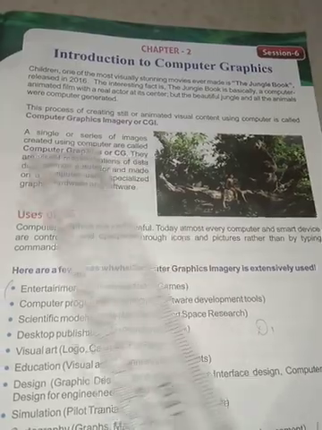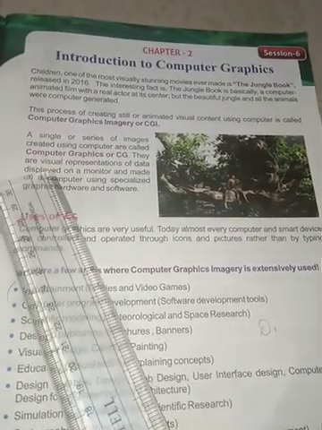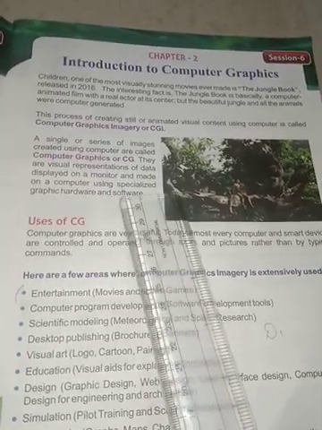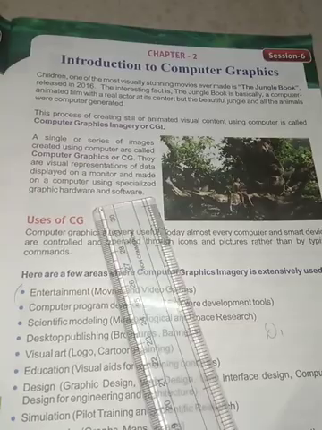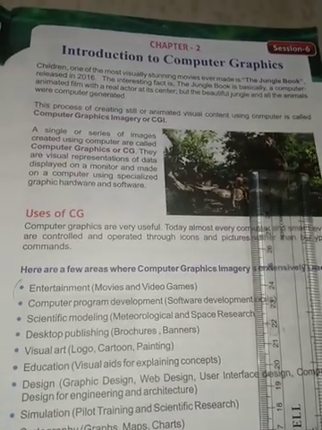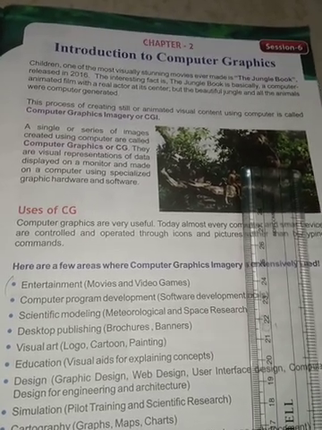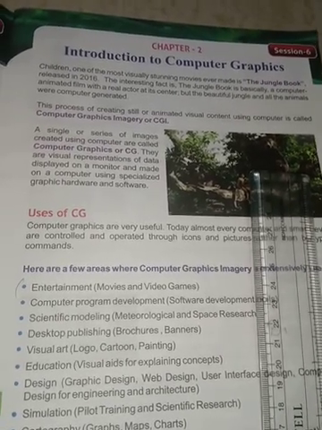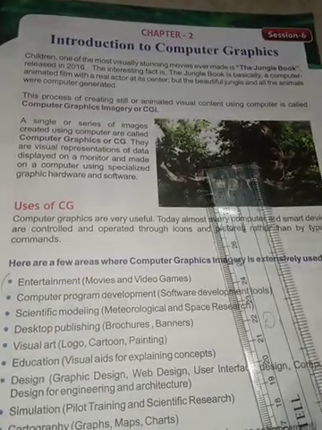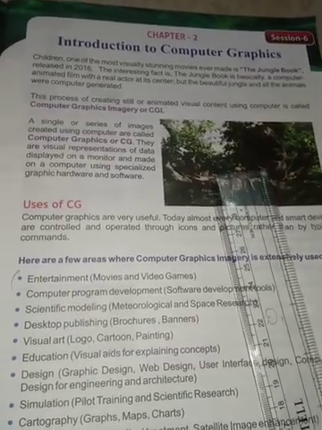They are a visual representation of data displayed on a monitor and made on the computer using specialized graphic hardware and software. So these graphics, which are created using computer and made to display on the monitor, are made using graphic hardware and software.